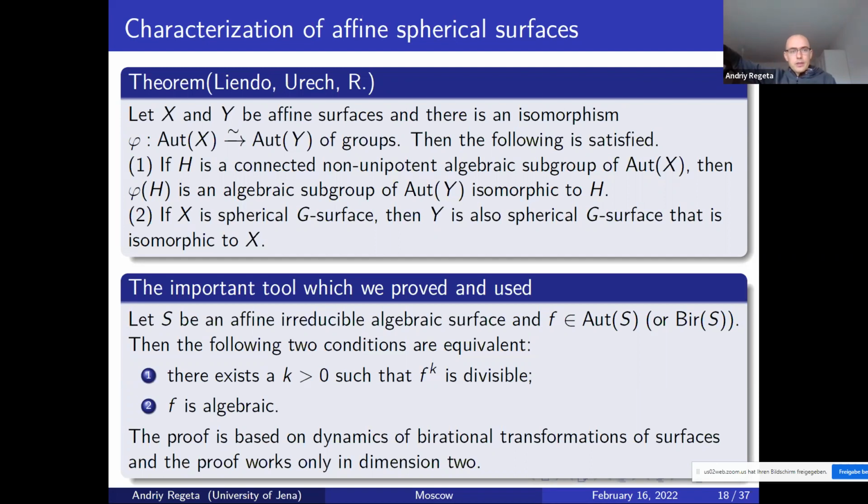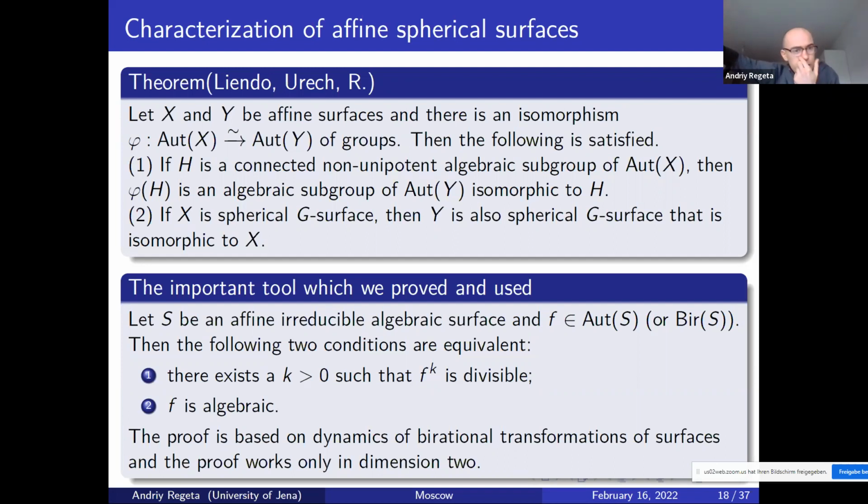Okay, so as you see, the theorem tells you very much in the case of surfaces. We proved something about toric surfaces, we proved something about Danilevsky surfaces, but using the theorem here, you can prove or characterize many other surfaces by their automorphism groups.